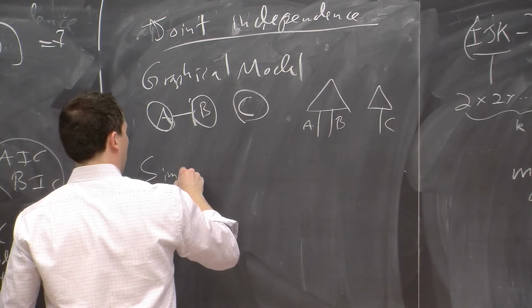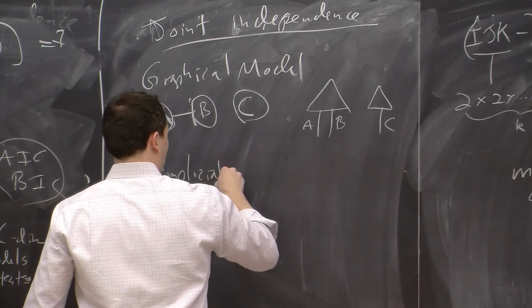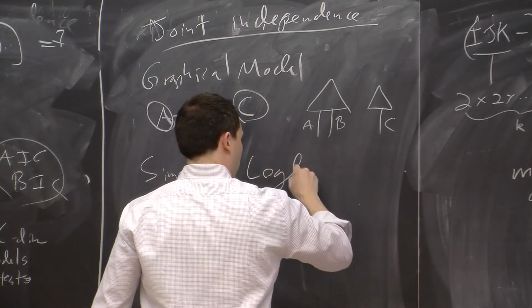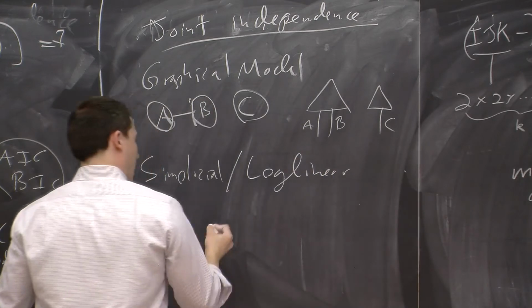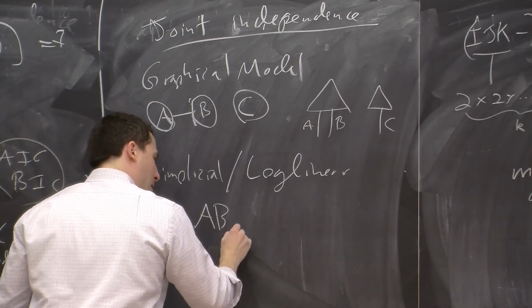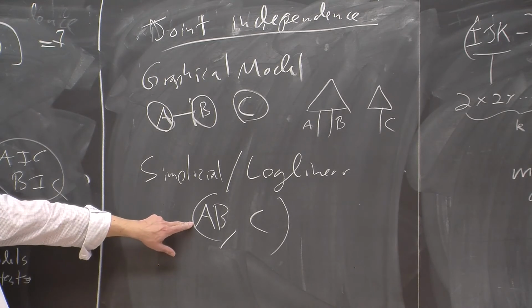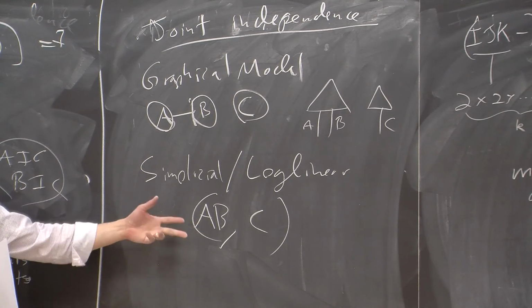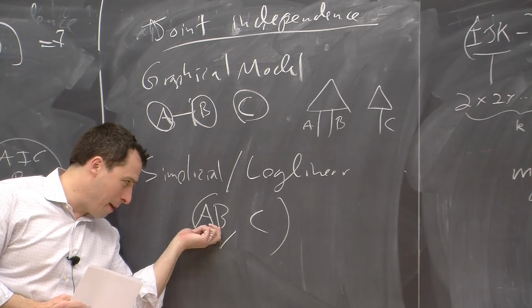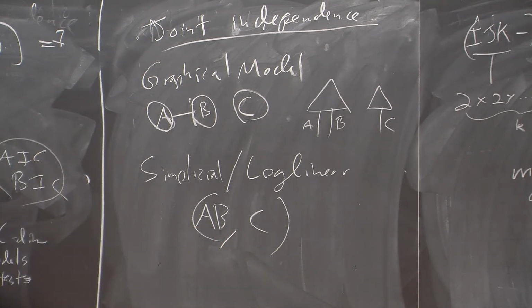In the simplicial or log linear notation, we would say we're interested in AB, C. You were probably wondering what we were talking about when we just said A, B, C. So here's something different: I'm interested in the subset A, B together and C separately.